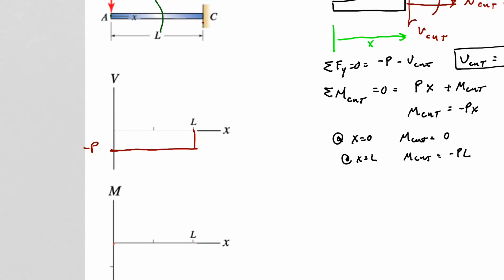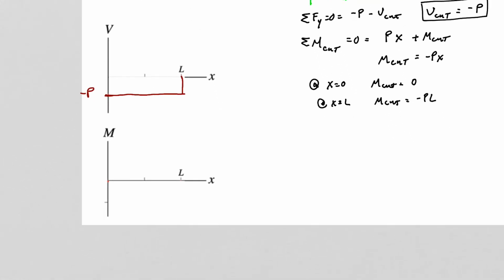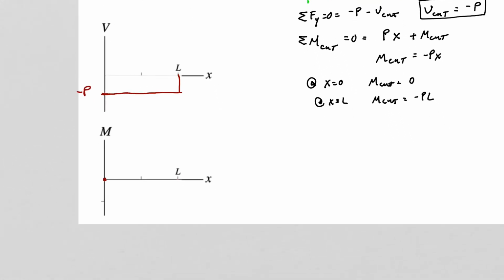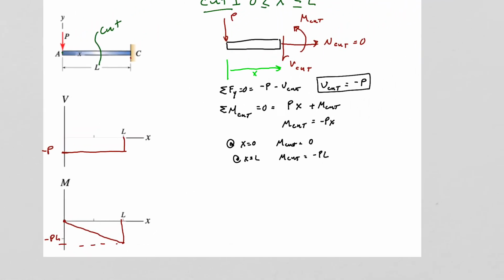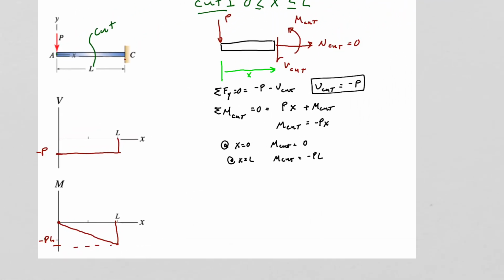If I look at my moment, it starts out at 0 and then goes down to a negative PL. And you'll see I don't need to do any more cuts, because anywhere I cut in here, it's going to be the same for this whole diagram. So this is my shear and moment diagram.